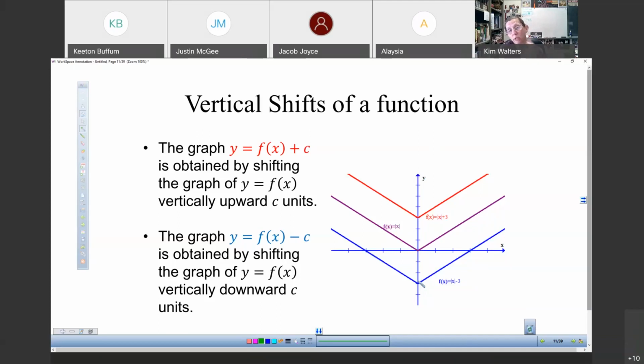But I am not going to use a table of values in this section. I am going to base everything we do on what we call transformations and translations, okay? We're going to take this and move it up and down. There'll be a couple of times where we find an extra point, but in general, we're going to be using these translations.